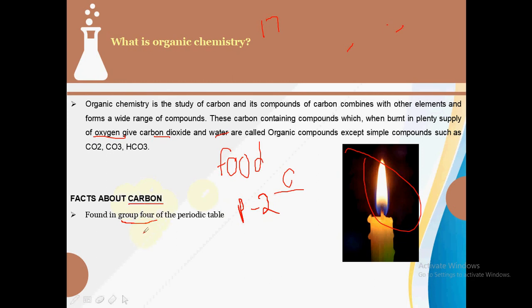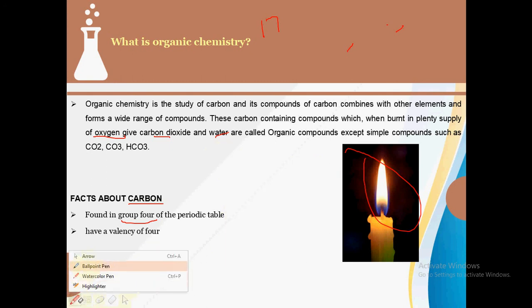If it is in group 4, it simply means it has 4 valence electrons. When you check all the electrons that this carbon contains, it means that carbon has 4 electrons in the outermost shell.